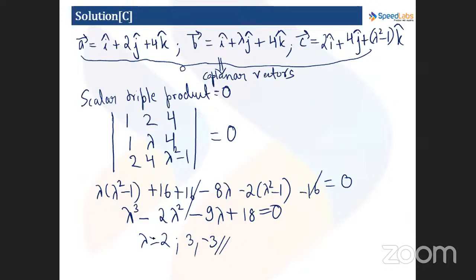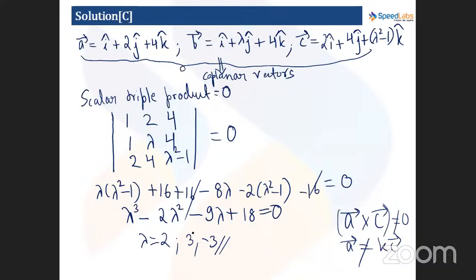So now, can lambda have all these three values? No, because one more condition is given, that we have to find the non-zero vector A cross C. So it is not 0. If it is not 0, then it is non-collinear. So A vector should not be equal to k times C vector.